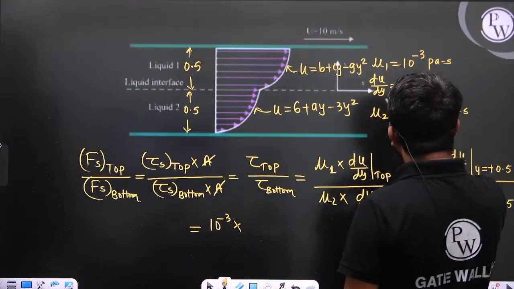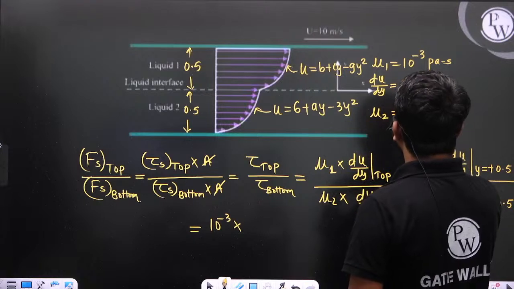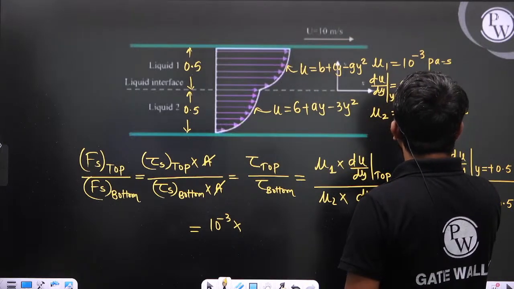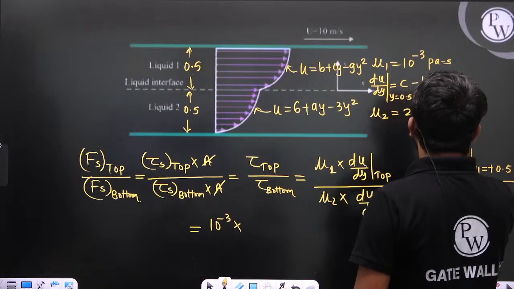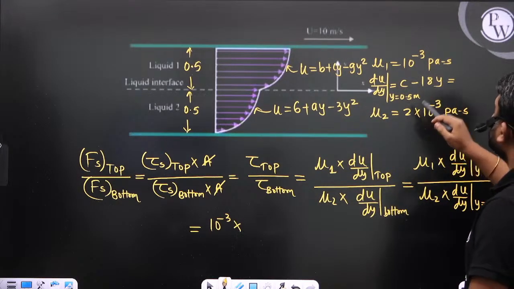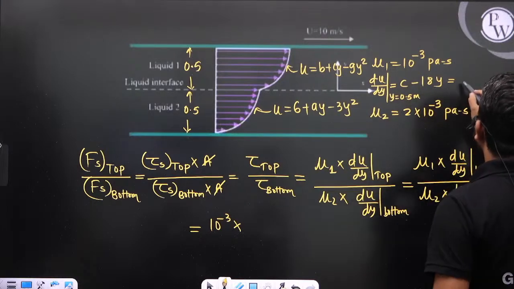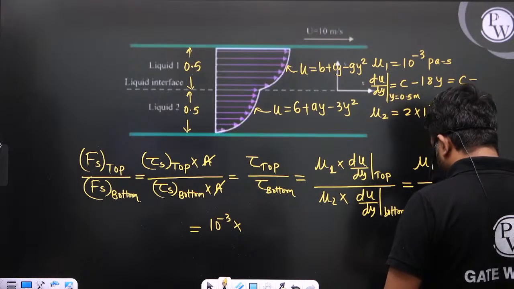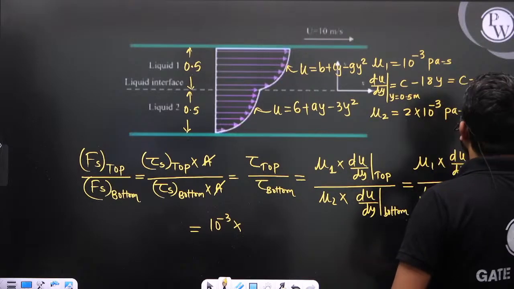Now du by dy at y is equal to 0.5 meter: put the value of y as 0.5. So c minus 18 multiplied by 0.5, which comes to 9. So this is c minus 9.